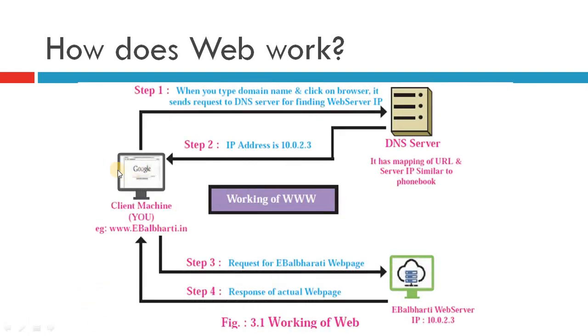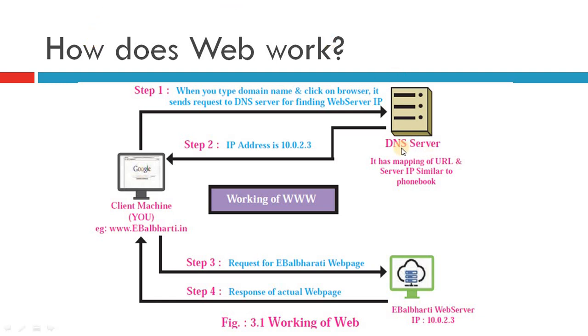So here you can see in the diagram, this is the client machine, that is us. When a user is requesting for one website, let us take for example the name of website is www.ebalbharti.in.